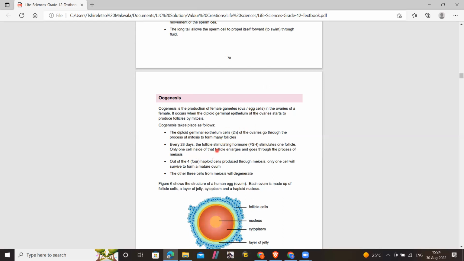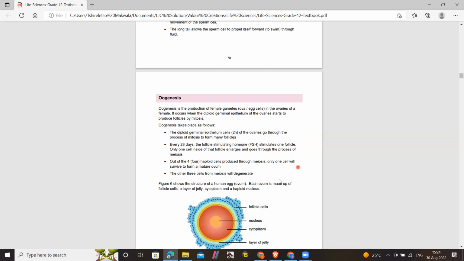So there are many follicles, but every 28 days, FSH will stimulate one follicle. This follicle will enlarge and undergo a process of meiosis, where out of the four haploid cells produced in the meiosis, the other three will die.